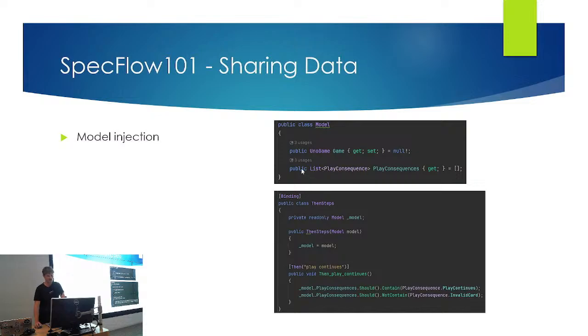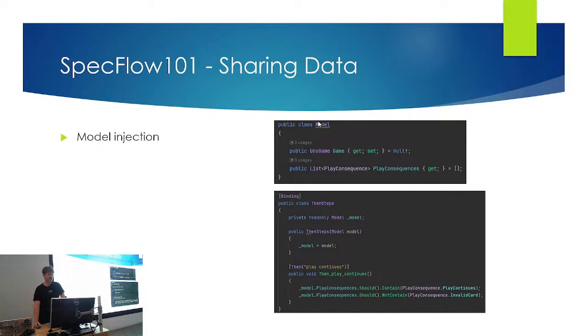So, sharing data. We saw before, I had an example where I wanted to share a game instance with some other steps, and I just used a private field. That's fine if you've got everything in a single class, but often you have your steps spread around different classes, so that's not always going to work that well. So we have some other ways we can easily share data between our test steps.